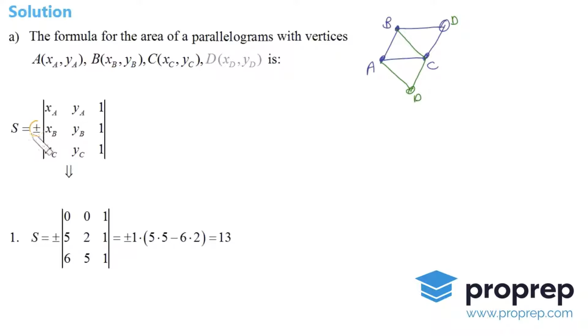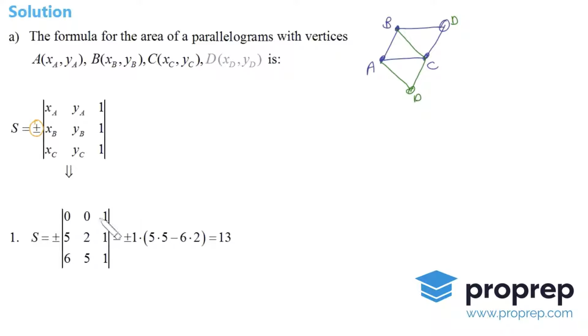S is the area, of course. The plus minus is just in case this comes out negative, then we take a minus here to make it come out positive, because we want the areas all to come out positive. I could have said absolute value, but it's hard to write absolute value around a determinant, which is also 2 vertical bars. So plus or minus means take the plus of this answer.